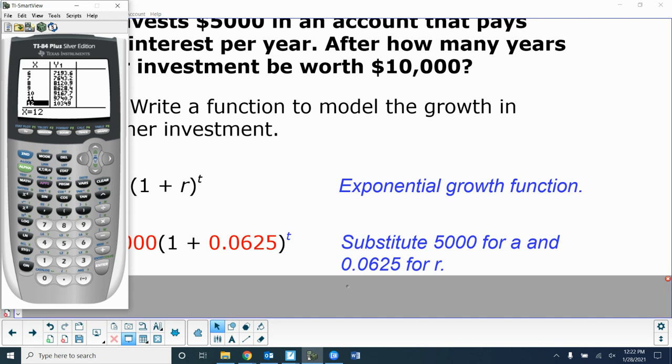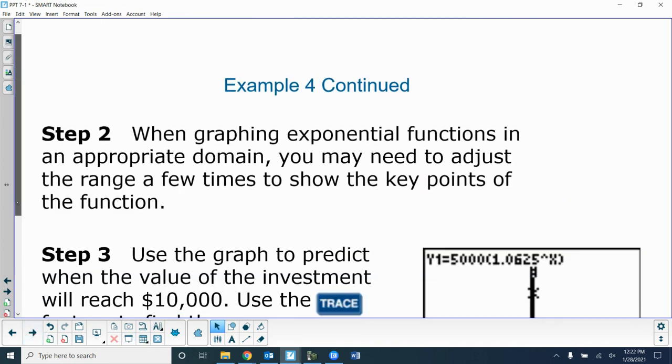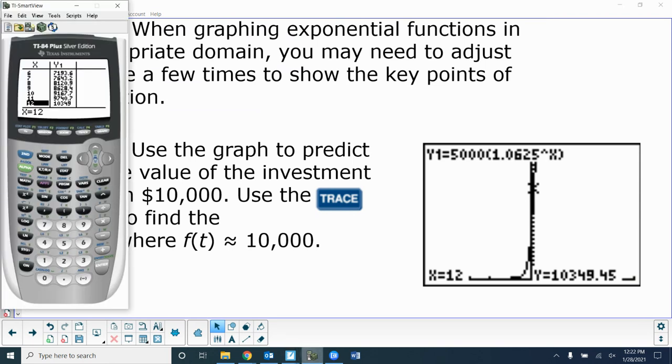If we want to get a little more accurate, you can hit, and it tells you here on the slide, what button? Trace. If I just hit trace, it starts at the y-intercept.